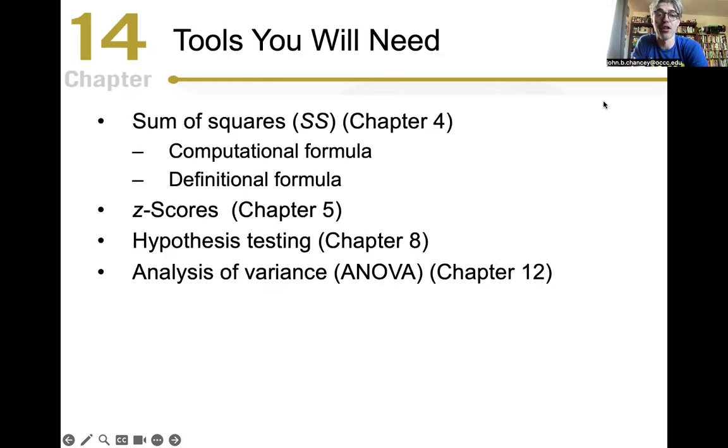The tools that you're going to need for this chapter: sum of squares in terms of the computational formula and definitional formula for correlation. Fair warning, I'm going to show you an equation that I think presents the information in a simpler, easier way for me to understand, but whatever works for you. If you want to use the formulas provided by the textbook, please do.